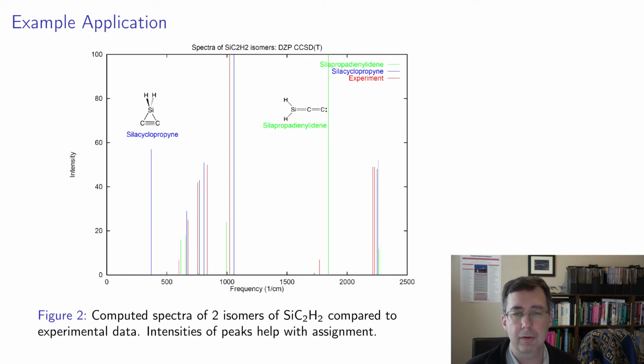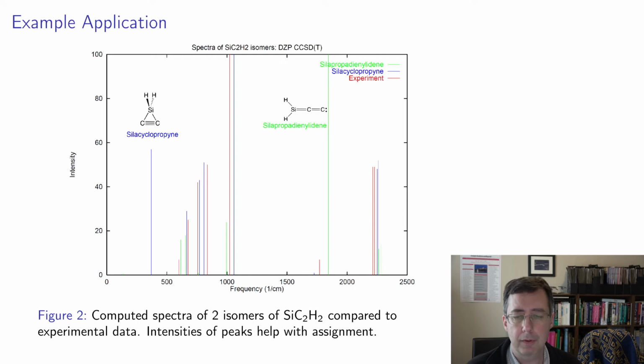And so I did some calculations using a polarized double zeta basis set and coupled cluster, CCSD(T), to simulate the spectra and then try to see if one of them matched experiment better than another. So I've got these two different isomers in blue and in green, and I'm showing their spectra, and then the experimental spectrum is in red.